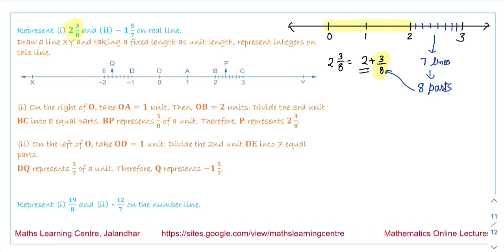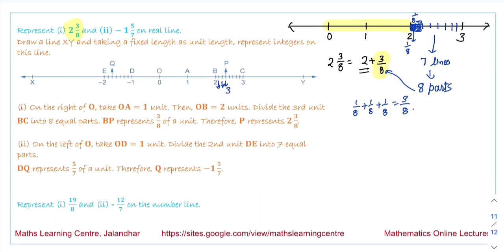Now what will this one part represent? This one part will represent 1 by 8. The next part will represent this much length. This will represent 1 by 8. So what we get is 1 by 8 plus 1 by 8 plus 1 by 8, that is equal to 3 by 8. So this is the first point, second point and third point.